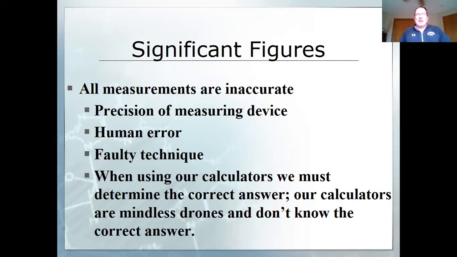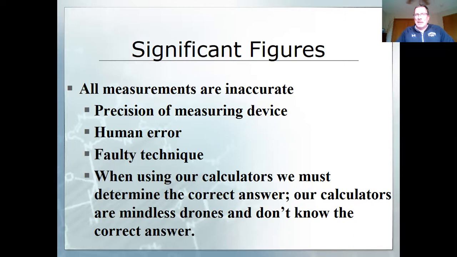You do calculations on your calculator, and in your head, the more numbers past the decimal point that I show, the more accurate the number is. And that is far from the truth. The number of digits that you show in your answer must reflect the least accurate measuring device that you use.